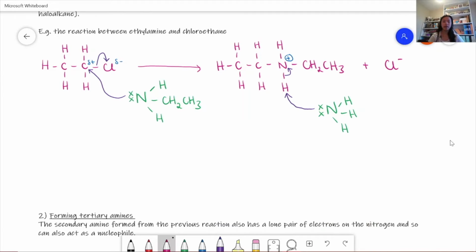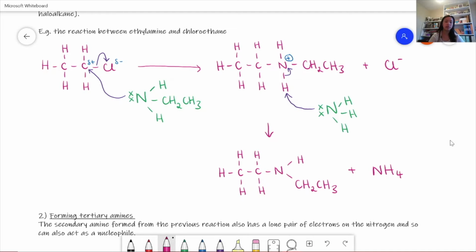So what we get is CH3 and then CH2, and then we've got the nitrogen with the hydrogen and the CH2CH3 group. And again, we've got an NH4 plus ion and a chloride ion, and so they react together to form NH4Cl.